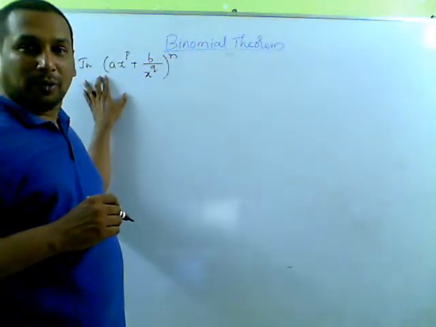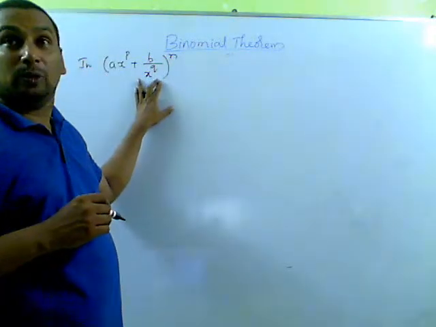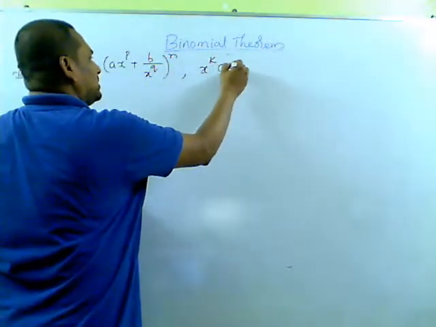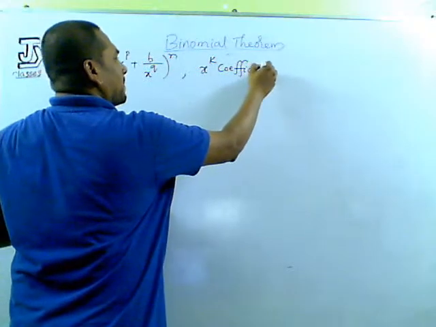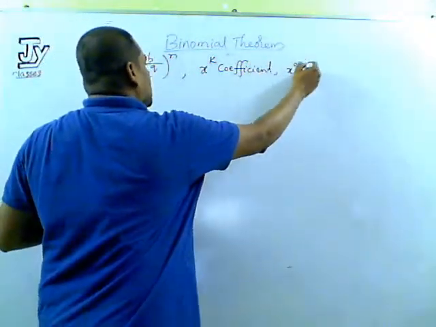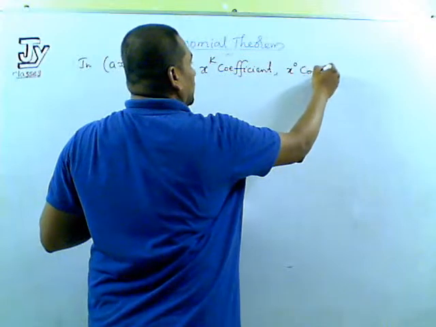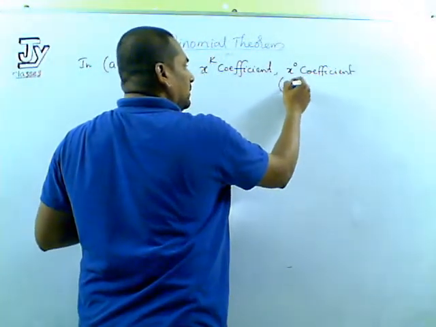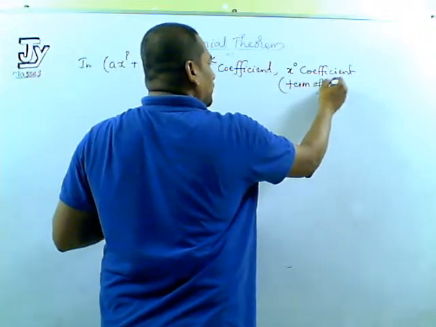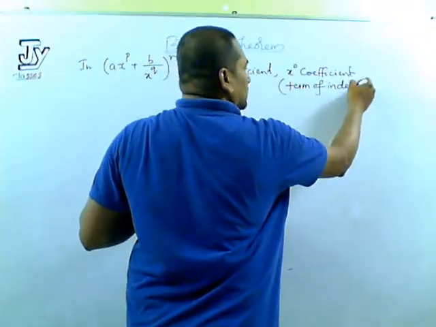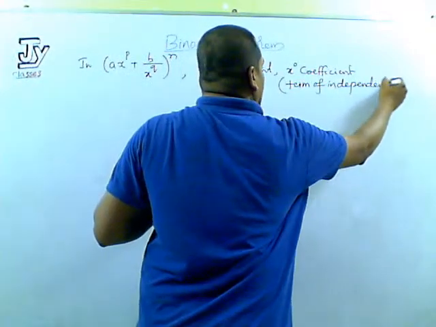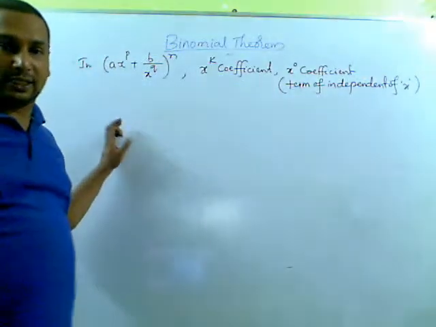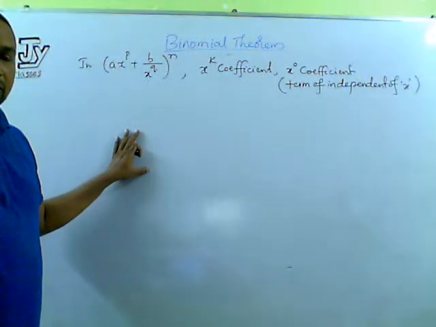Okay, in the expansion of (a x^p + b/x^q)^n, we have to find the x power k coefficient and the x power 0 coefficient. It is also called the term independent of x, meaning the term without x.